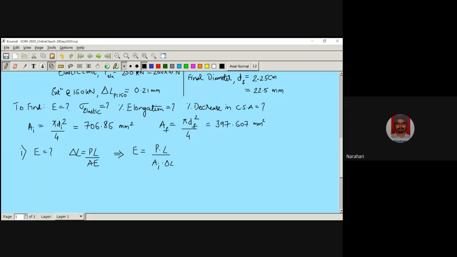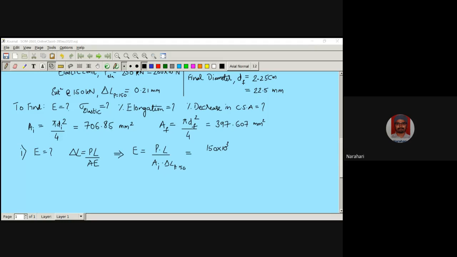Which delta L is this? It is the delta L at P equals 150. Yes, we are going to make use of this delta L. So what is this P? 150 kilonewton. So this becomes 150 into 10 to the power 3.